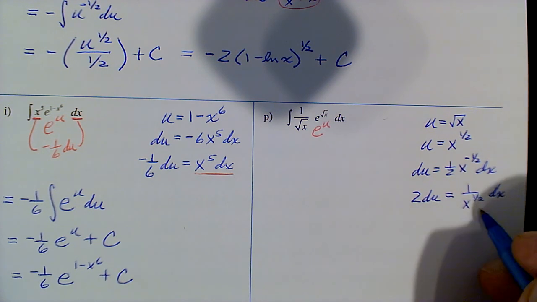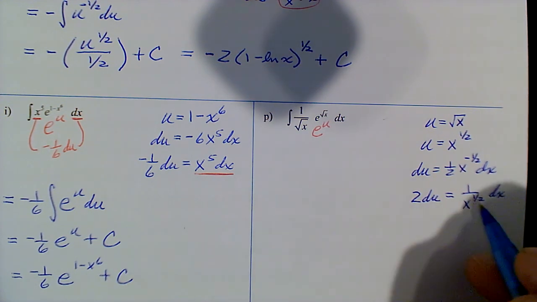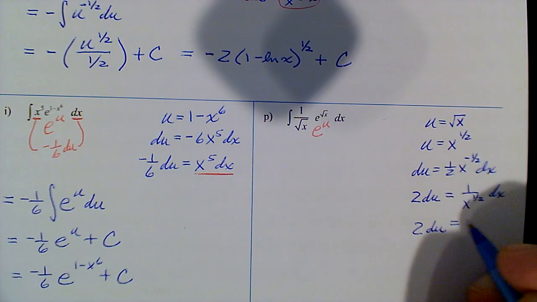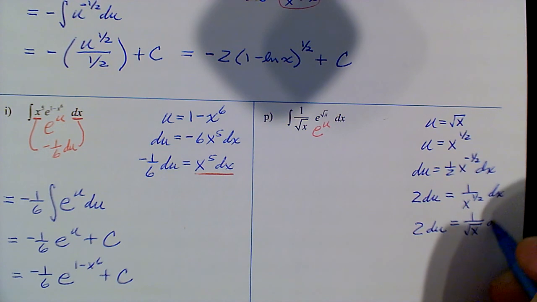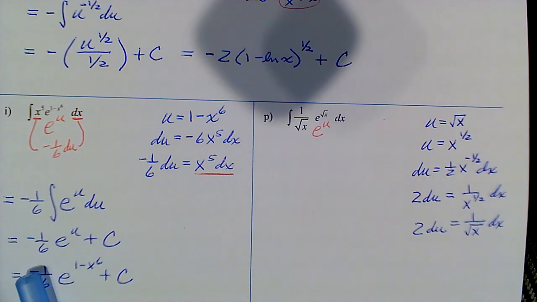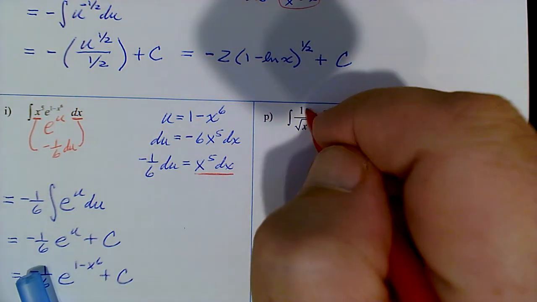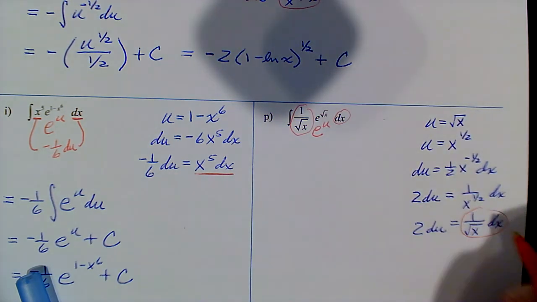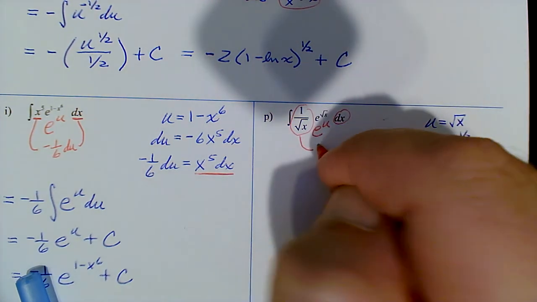And that actually should be enough to see that the leftovers do match, but if you want to show it literally, change the x to the 1/2 back to the square root of x. And now you can see that the leftovers in the integral, 1 over the square root of x combined with the differential dx, do make up exactly 2 du.